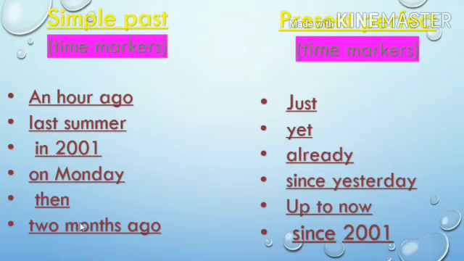And for present perfect tense, we use just, yet, already, since yesterday, up to now, since 2001. All this tells us that the action has not completed. So these adverbs or time markers help us to know whether the action has finished or unfinished.